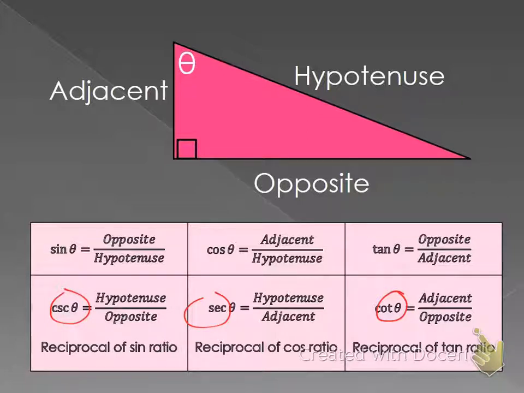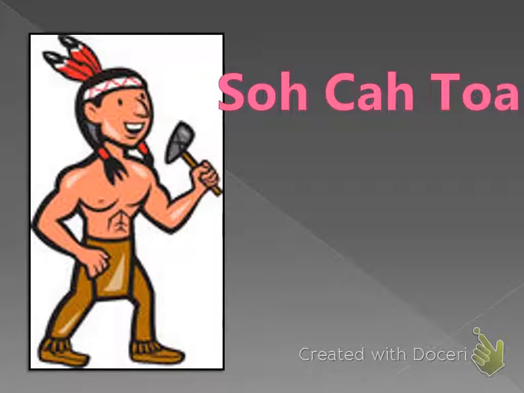What we have to remember though is that cosecant is the reciprocal of sine, secant is the reciprocal of cosine, and tangent is the reciprocal of cotangent. It seems like cosecant and cosine should go together, but they don't. So just remember that the co's are split, and the tangents go together. Make enough sense?